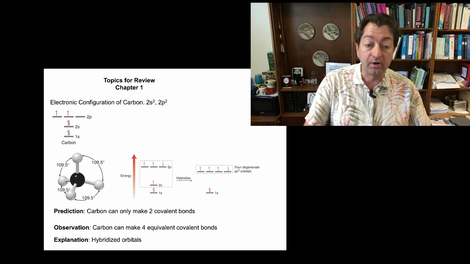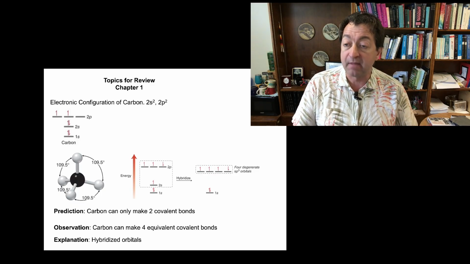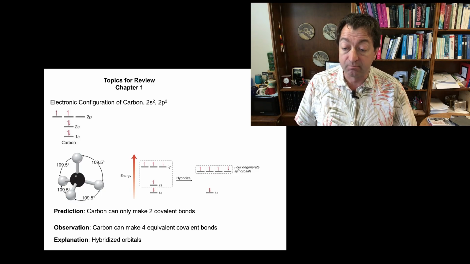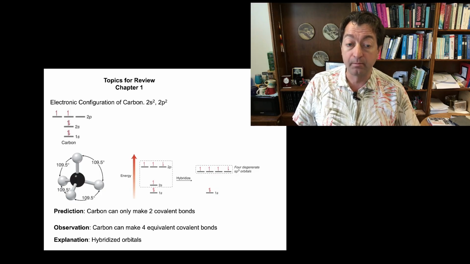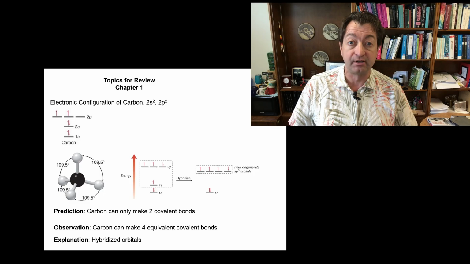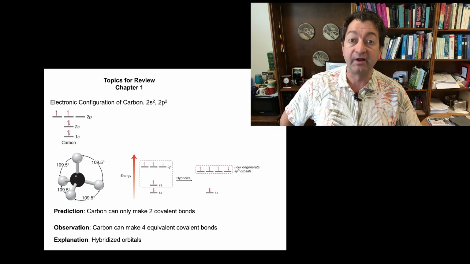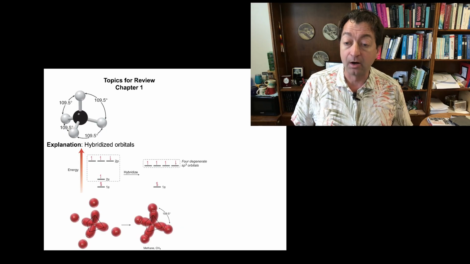Those have electrons in them that can match up to make four carbon-hydrogen bonds. And those hybridized orbitals are our explanation for the number of equivalent bonds that we observe in a carbon atom.